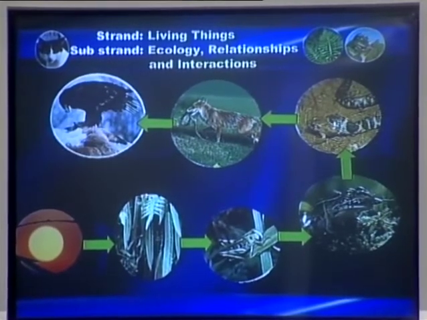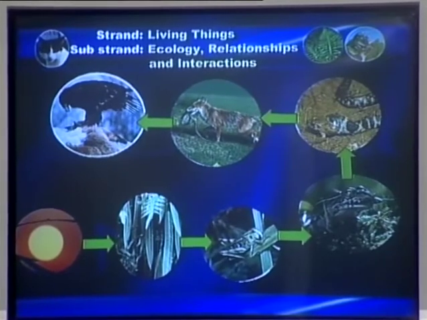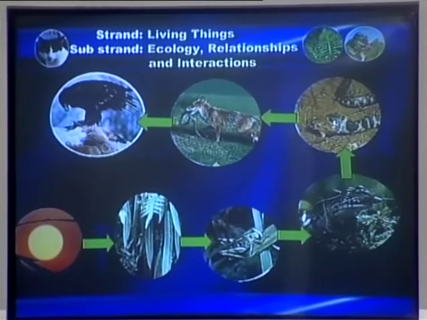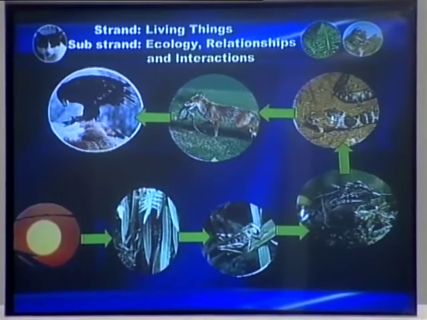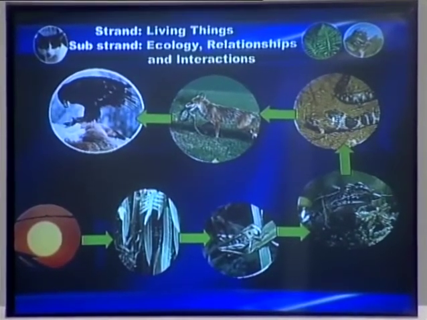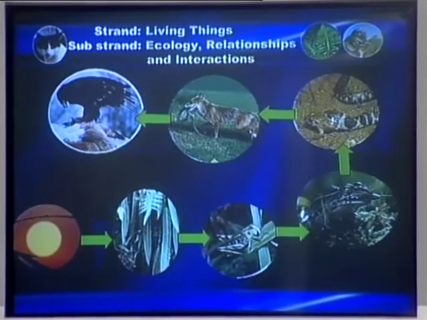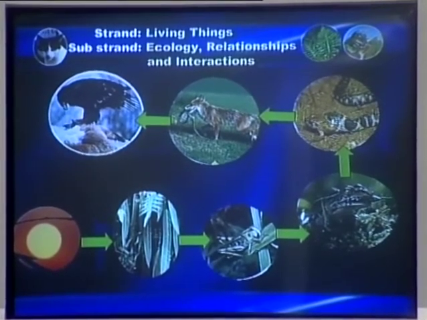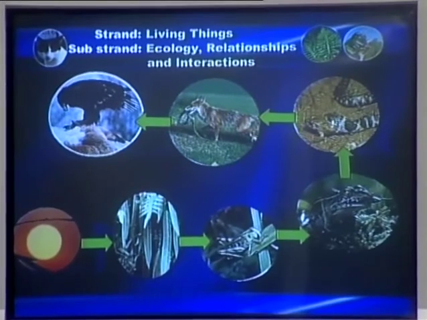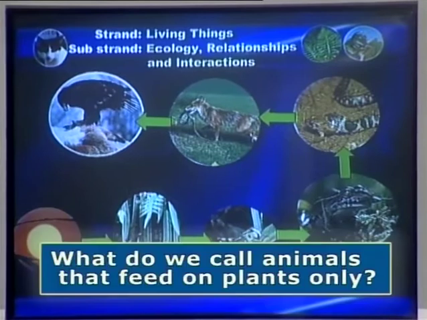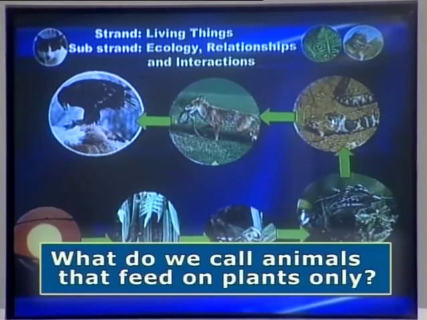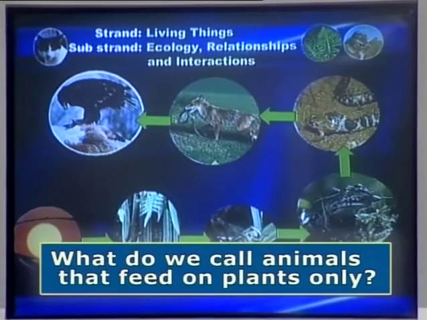Right, good. You are correct by saying a bird, or a bird that feeds on flesh is called a vulture. So we find that there are certain animals that feed on animals, and there are certain animals that feed only on plants. Now, what do we call those animals that feed on plants alone and not on other animals?